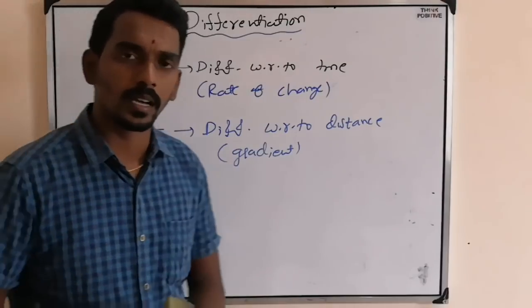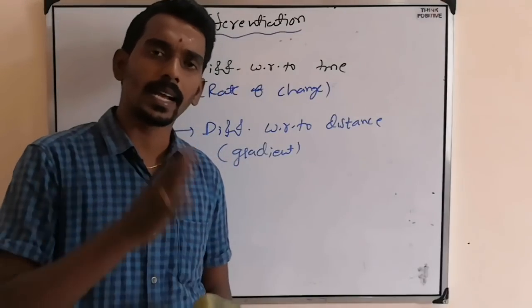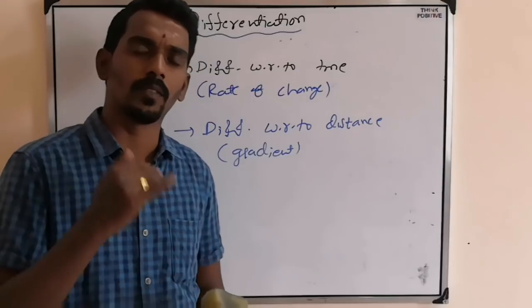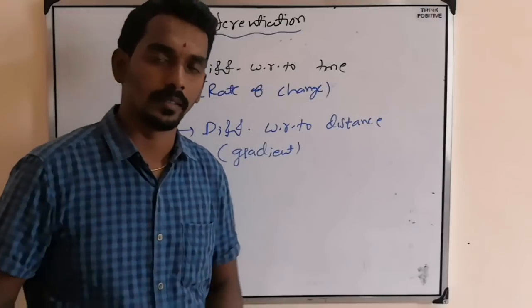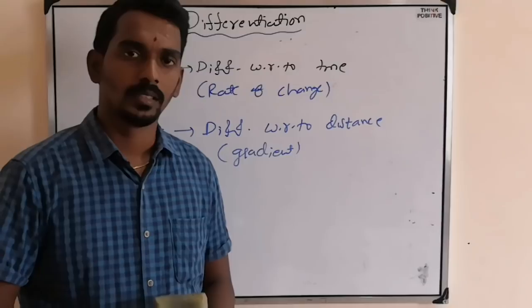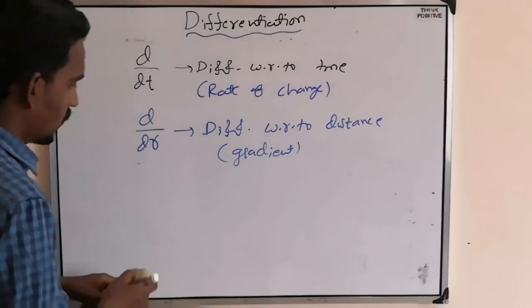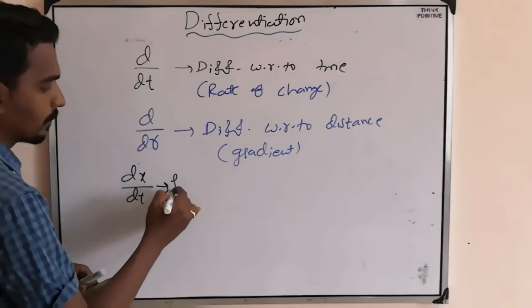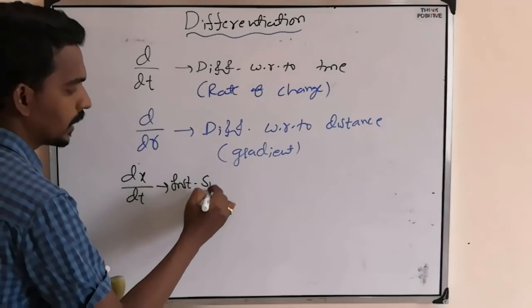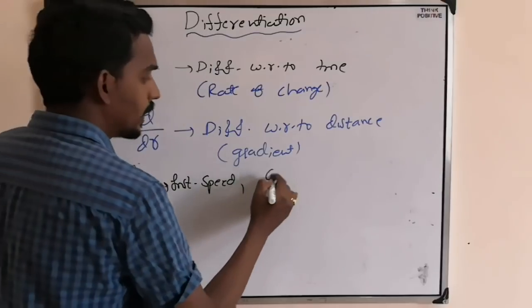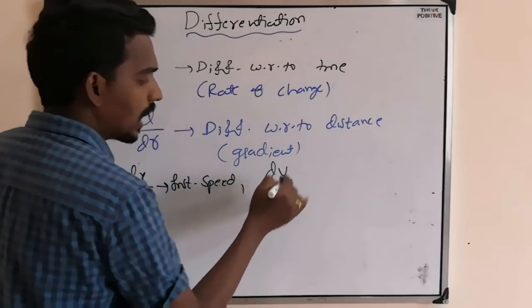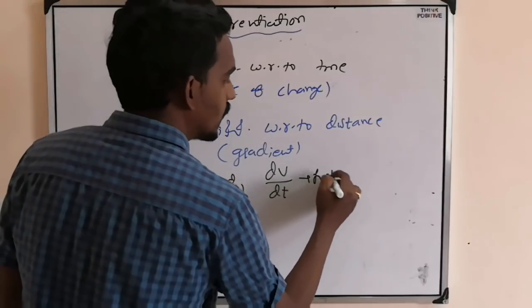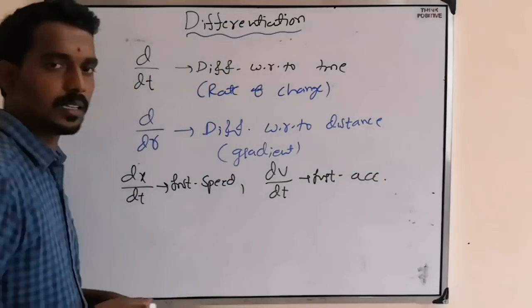In physics many quantities are there: displacement, speed, acceleration, force, linear momentum, work, energy, and so on. Like differentiation of displacement with respect to time gives instantaneous speed or velocity. Differentiation of velocity with respect to time gives instantaneous acceleration.